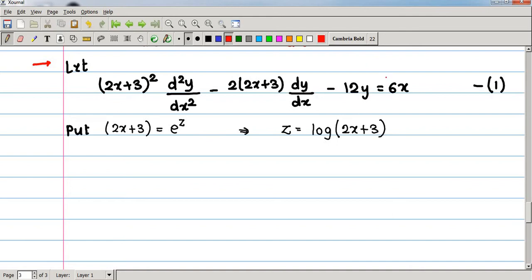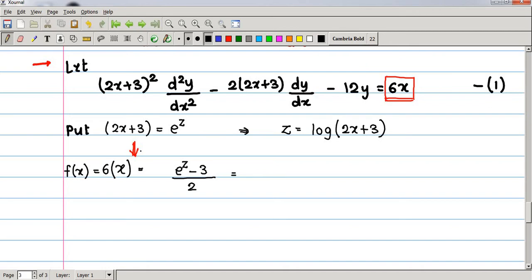Since on the right hand side our f(x) is 6 times x, from this relation we can identify the value for x only. So it is equal to (e^z − 3)/2.